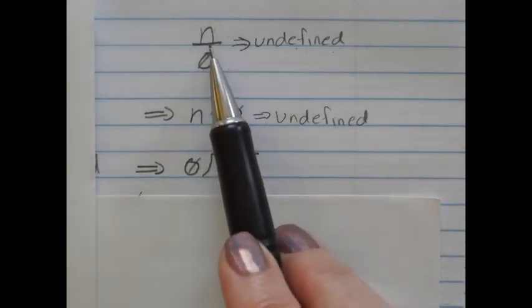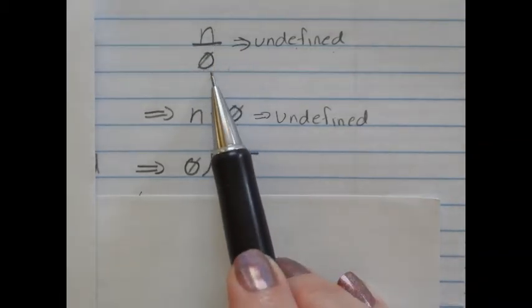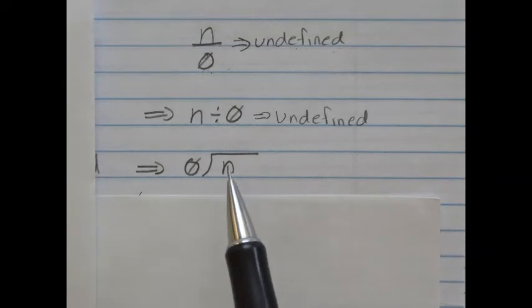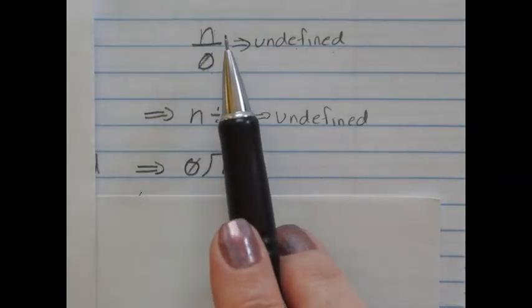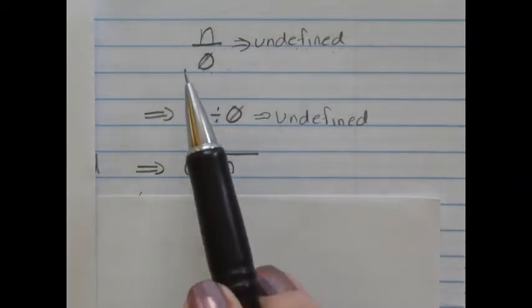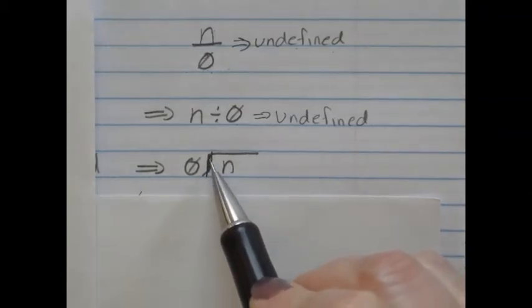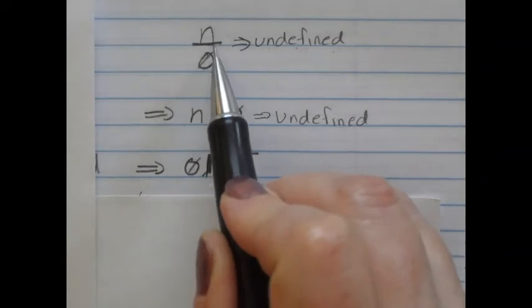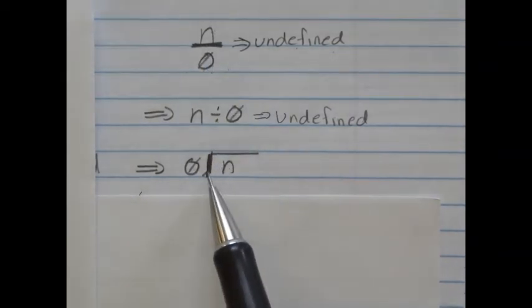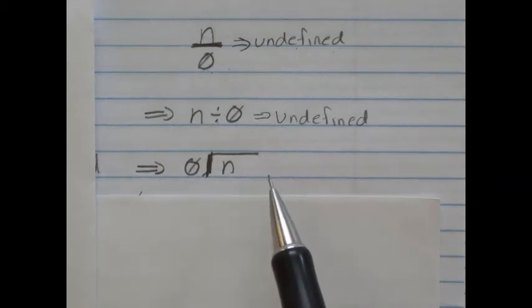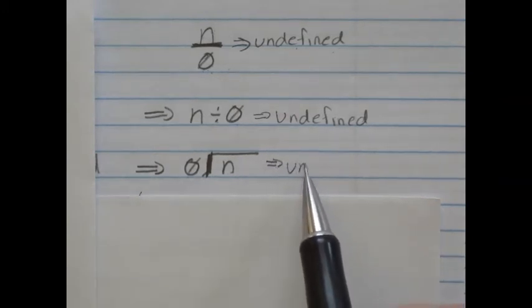You can also take this fraction, n divided by 0, and let it fall this way. And when it falls, you have n divided by, so here's your division sign again, that represents this division symbol here. You have n divided by 0. And again, this will give you undefined.